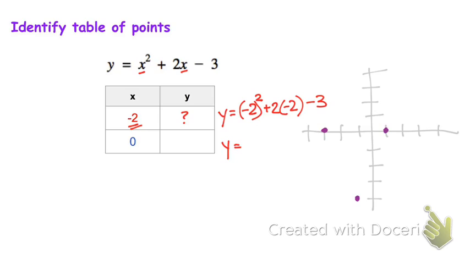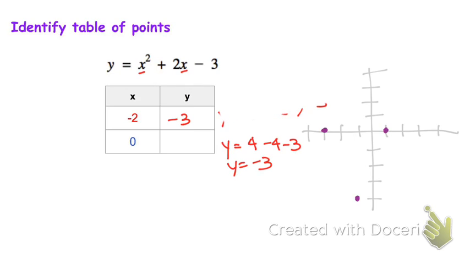So (-2) squared is 4. This is -4 minus 3. So -4 minus 3 is -7, and a +4 is -3. So we found out that when we put -2 in for x, y is -3.